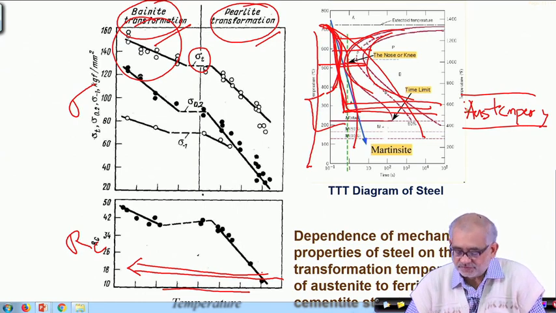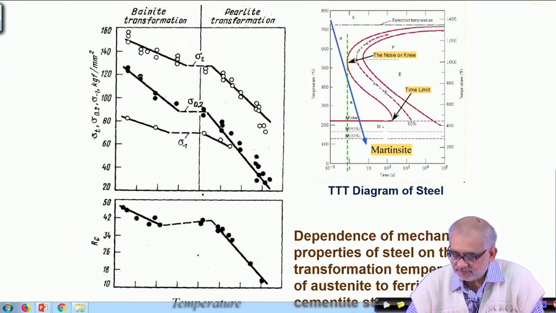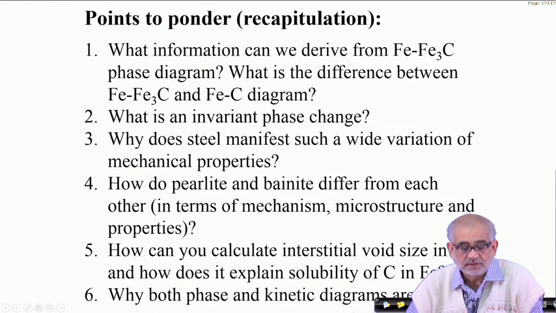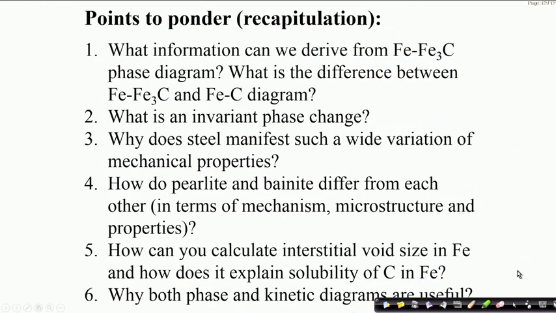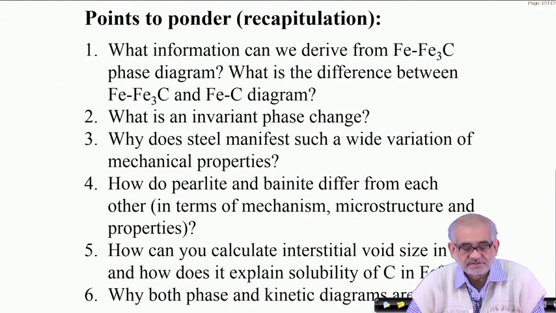So, with this, we would like to summarize, and as a way of recapitulation, what we have understood in this discourse is what the iron cementite diagram is. I didn't quite mention it, but it's for you to make out the difference between this and the precise equilibrium diagram, which is called iron carbon, or in some cases iron graphite diagram, because graphite is the stablest form of carbon in steel.